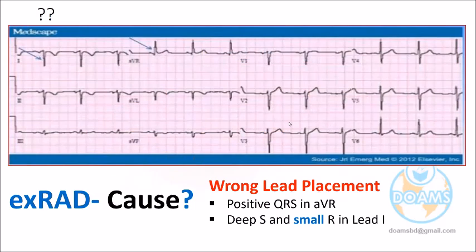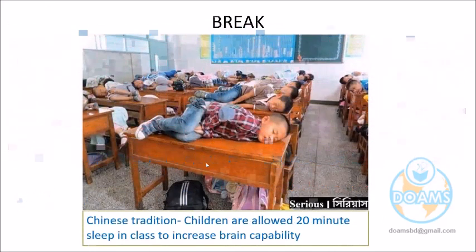Like in extreme right axis deviation, the left leads will be smaller than V1, V2. V5, V6 will be smaller than V1, V2. I'm not showing this ECG because I told you ECG is a very big chapter. We cannot cover everything, but I'm trying to give you the highlights. So this is a very important ECG that I have shown to you.